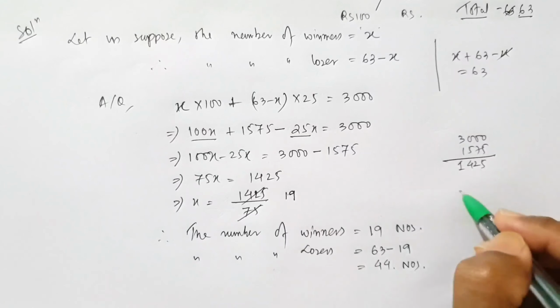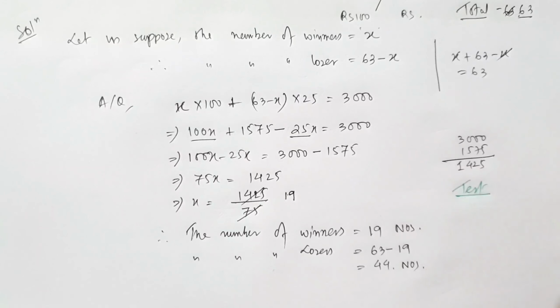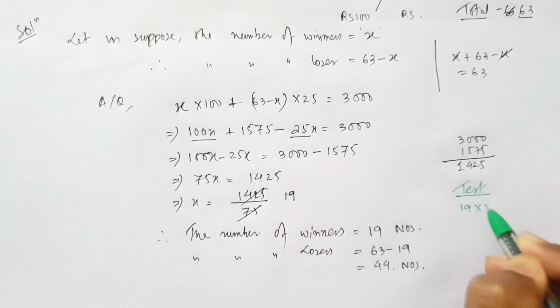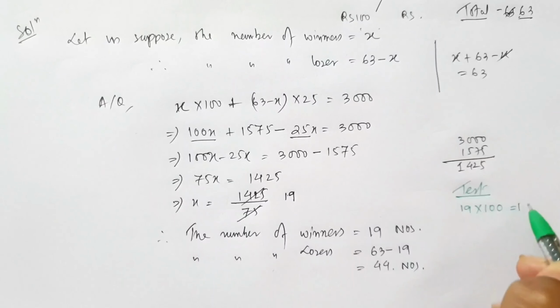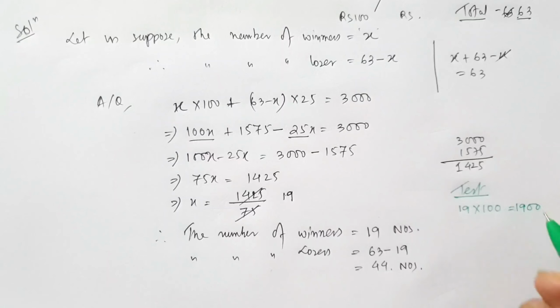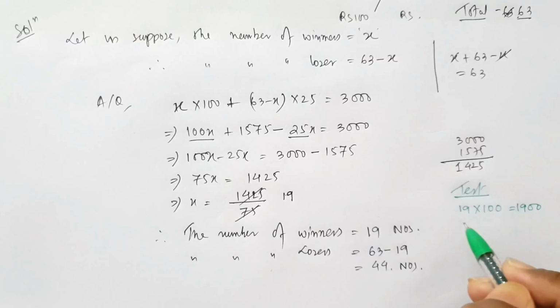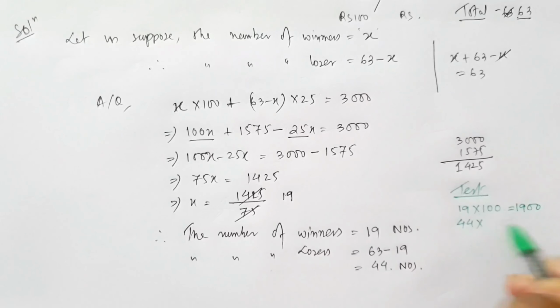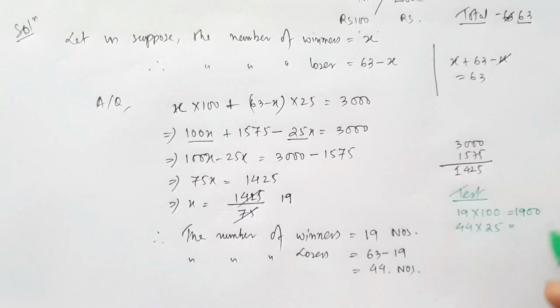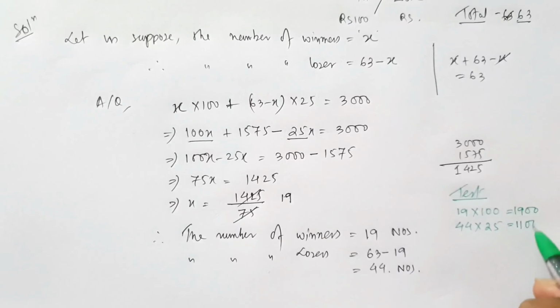Let's check. So 19 numbers of winners means 19 winners get 100 rupees each. It comes as a total of rupees 1900. And 44 numbers get 25 rupees each. So 44 into 25, if you calculate, you will get around 1100.